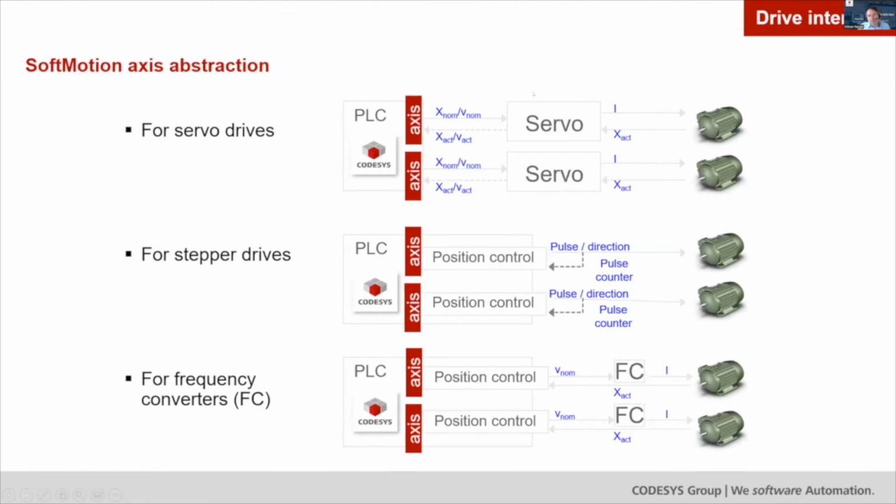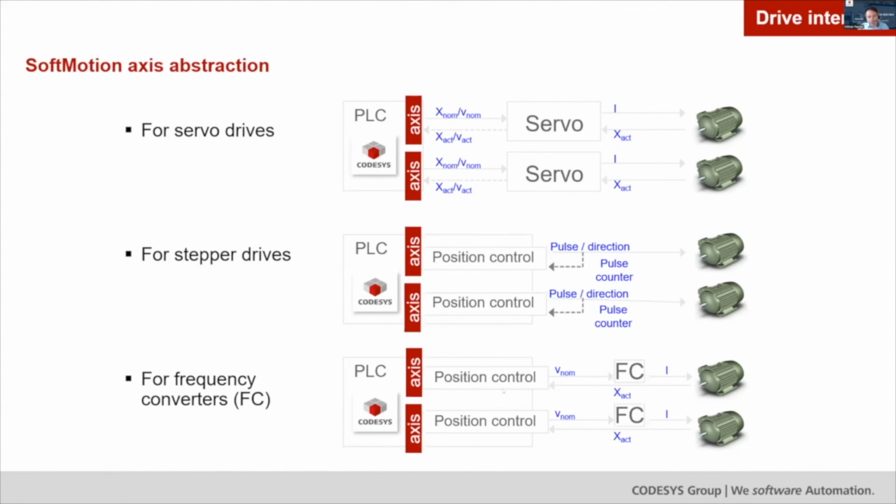So just one word about, I mentioned it already, the typical architecture is using a servo drive, where the servo drive does the closed loop control. And we can also use stepper drives. We need a pulse direction interface, and the position control loop to compensate single steps that have been generated too much due to time jitter or to rounding effects.